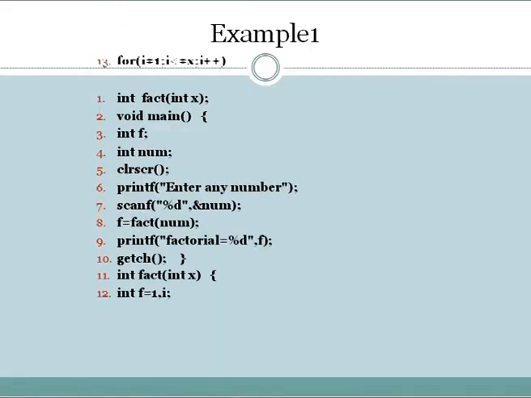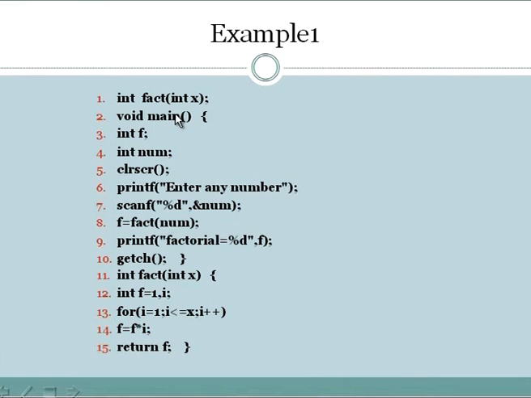This example on the computer screen uses a user-defined function. In this example, we have declared a function with the name fact. Return type of the function is int, and the function is declared with one integer argument.